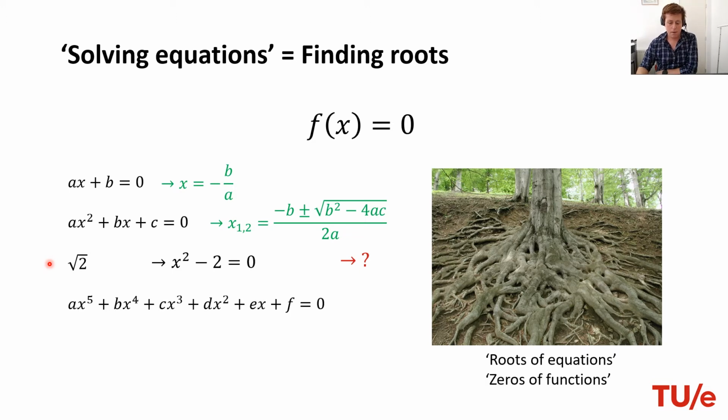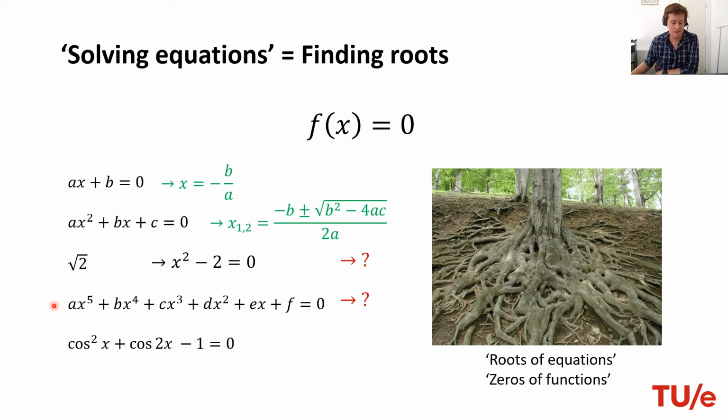Another example: let's say that we have some higher order polynomial function that we have to compute the zeros of. Now we cannot use formulas like this anymore, because there's no general representation of the zeros of such a high degree polynomial. So again, how do we solve such an equation? Well, we will know after these lectures, but at this point that is not trivial at all.